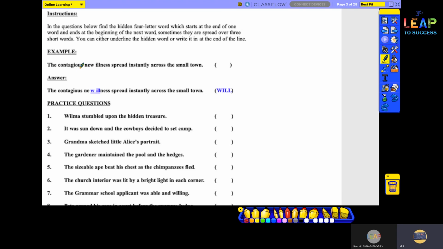As you come along, you've got OUSN, again, it's not a word. USNE, nope. SNEW, nope. Then we move on. We've got EWIL, WILL. So that is will. So again, you can see below they've outlined that. So WILL is the word, and they formed the answer from that.